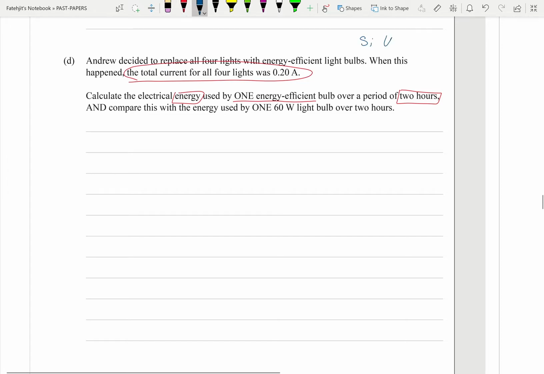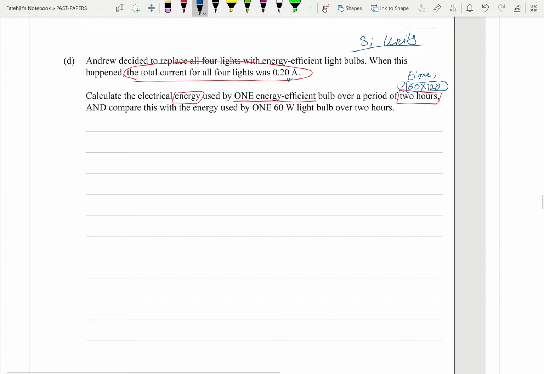We need to find energy. For time, the SI unit is seconds. Therefore, 60 times 120 minutes will give us seconds.